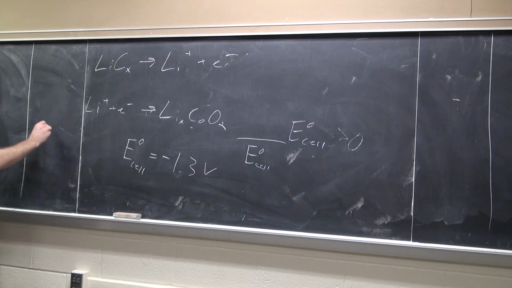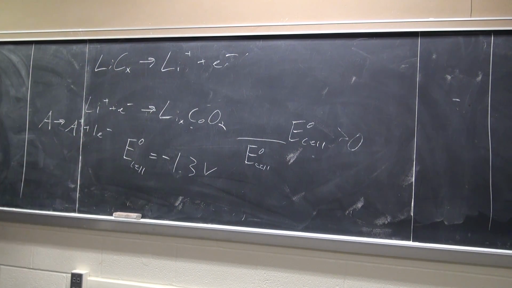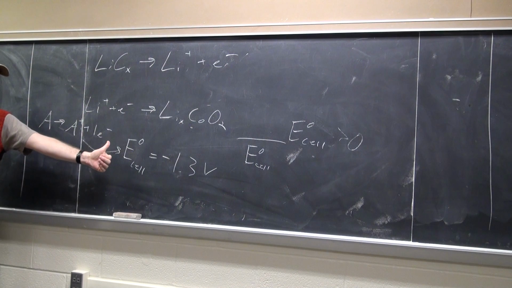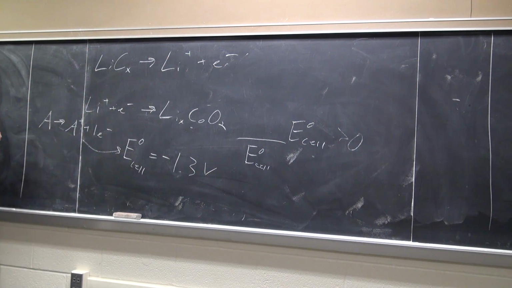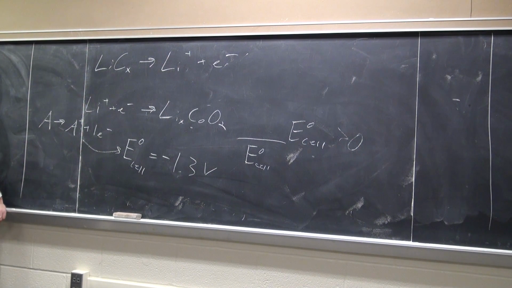Because say if you have A goes to A plus 1 electron, and our E0 cell is negative 1.3 volts, that tells us that it's unfavorable to go in this direction. But if we add energy or we add potential, we can drive it in the opposite direction by overcoming this thermodynamically unfavorable cell potential.